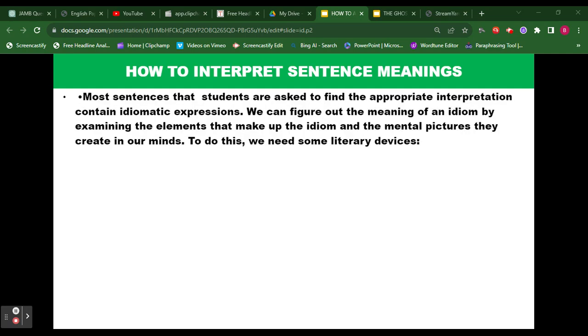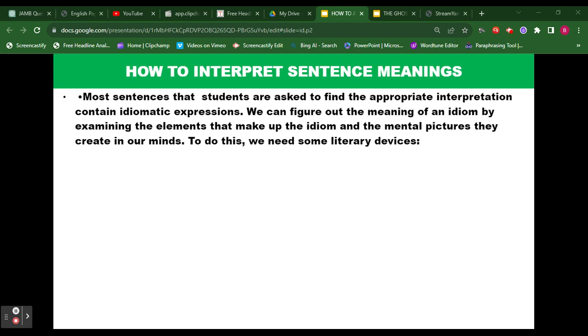Now, you need to understand that most sentences that students are asked to find the appropriate interpretation for contain idiomatic expressions. If you look through Jamb questions on sentence interpretation, you will understand that this is exactly so.